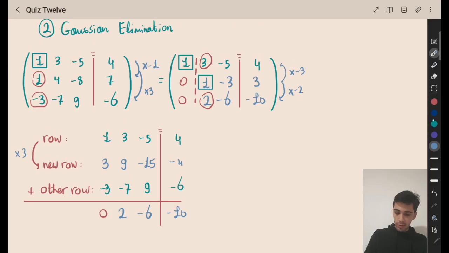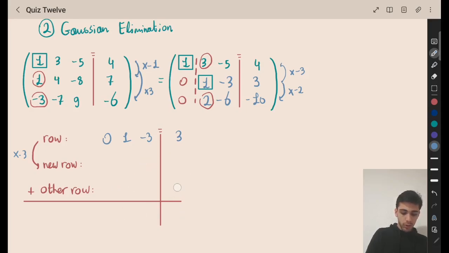So here is our new row, 0, 1, minus 3, and 3. The first factor which we will apply is, let's say, minus 3. The other row that we're looking to add the value of minus 3 to is 1, 3, and minus 5, and is equal to 4.